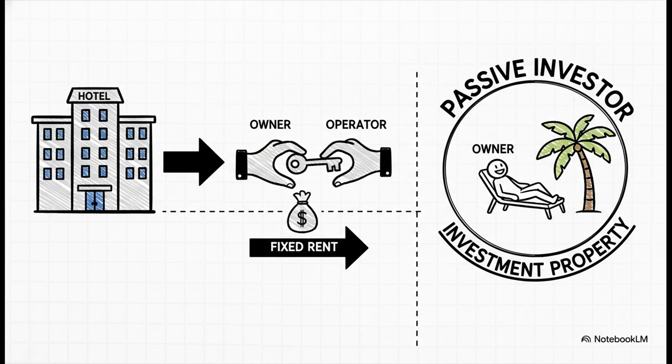In that case, you're just a passive investor. You have zero exposure to the hotel's day-to-day business. And in that very specific scenario, even a hotel can be classified as an investment property. See? It's all about what your role is.